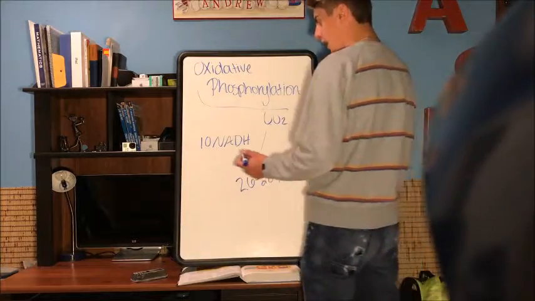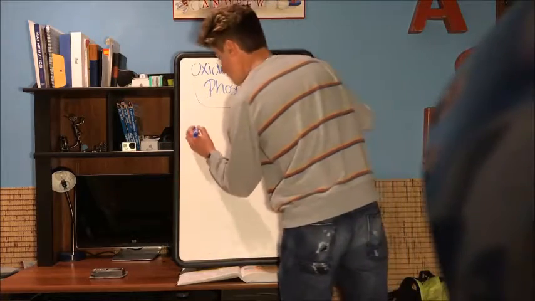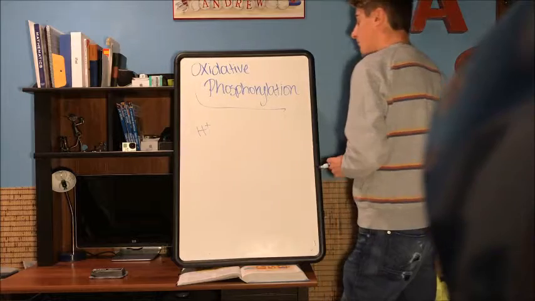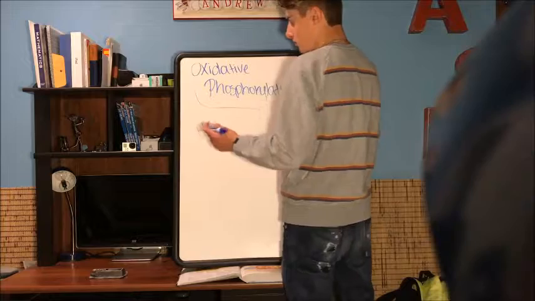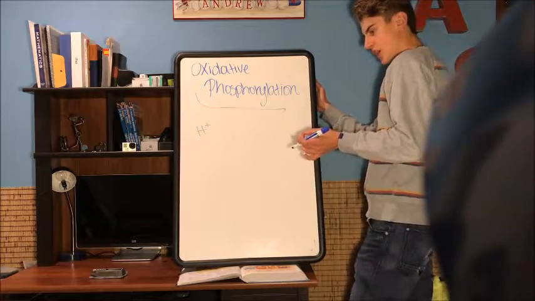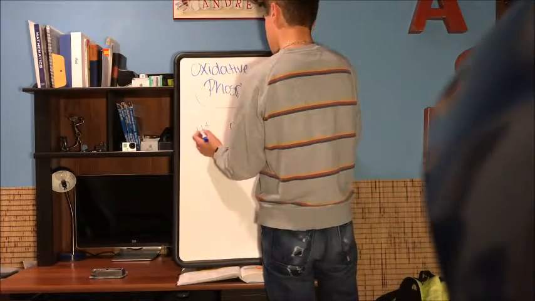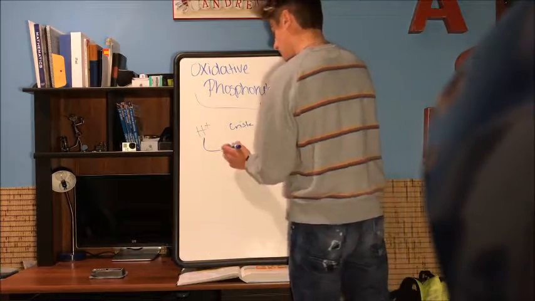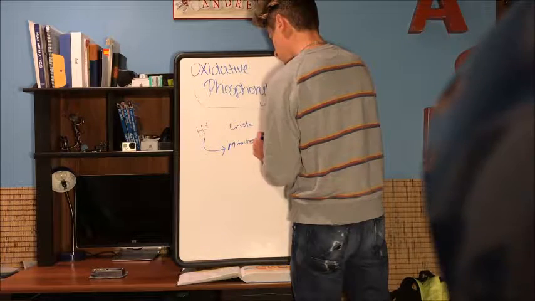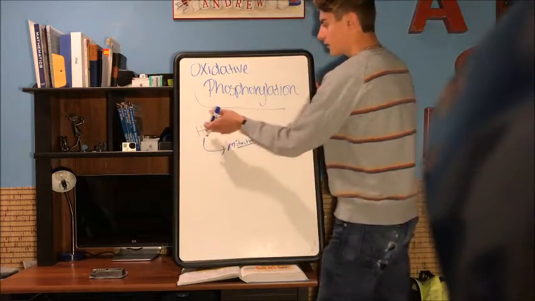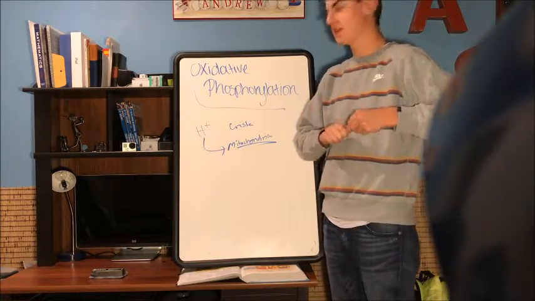You pump positive hydrogen ions and using the electron transport chain within the cristae, you take these and you pump them out of the mitochondria to create a gradient, an ion gradient, that then that's what releases the energy for the ATP.